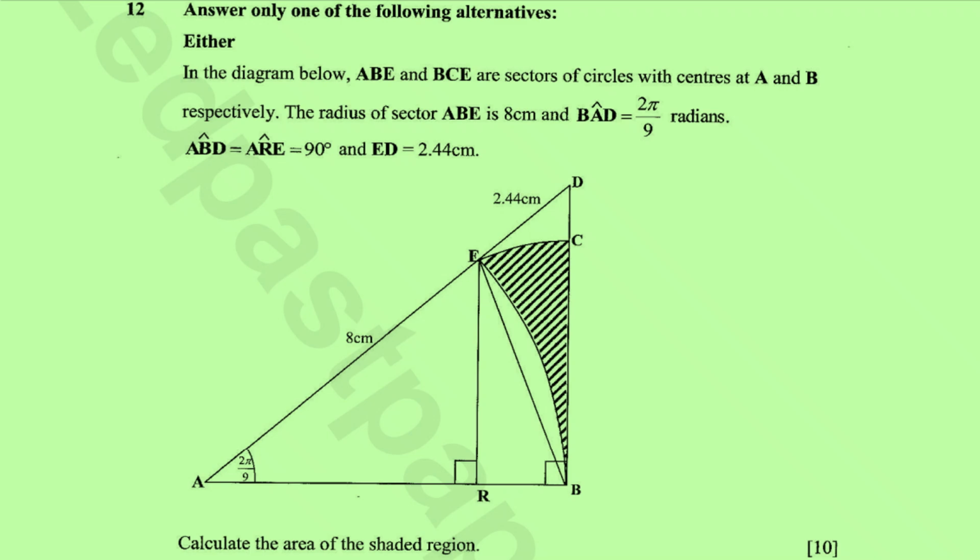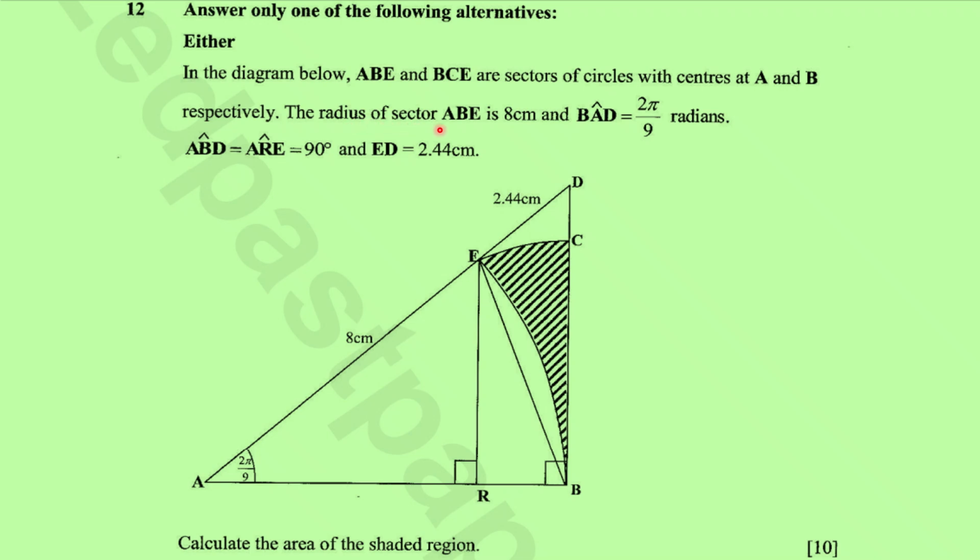So the question read, in the diagram below, ABE and BCE are sectors of circles with centers at A and B, respectively.